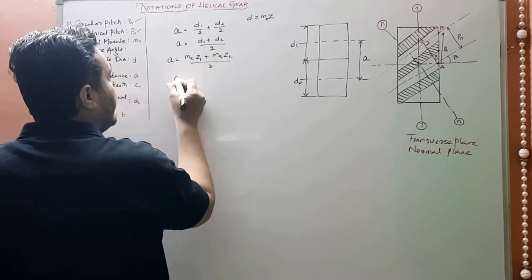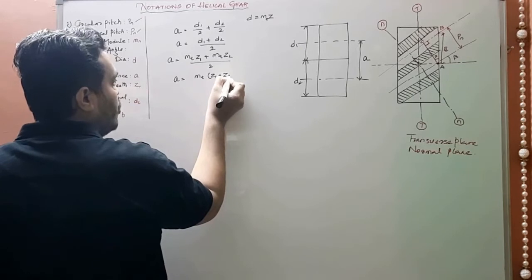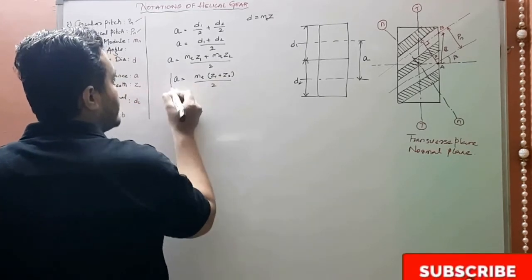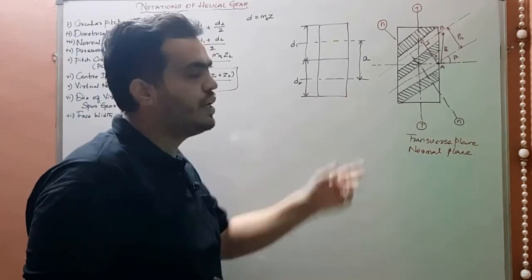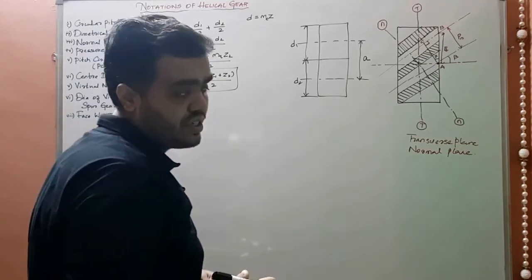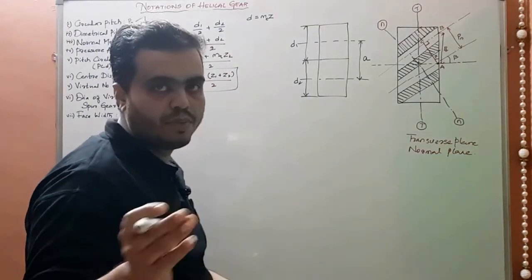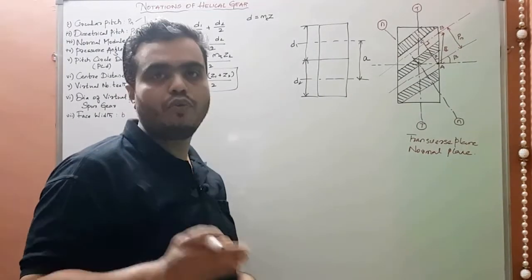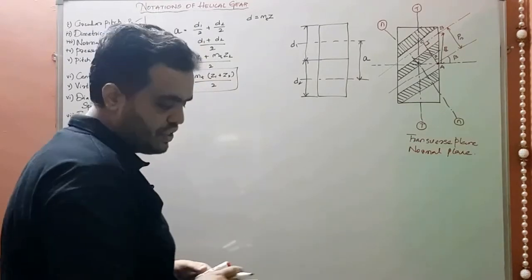If you take mt as common, A is equal to mt (z1 plus z2) divided by 2. So this is the center distance equation. You will also get this equation in your data handbook. You just refer to page numbers 23.48 and 23.49, so that you will get all the equations, right?